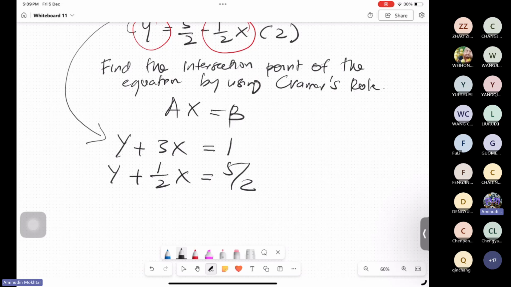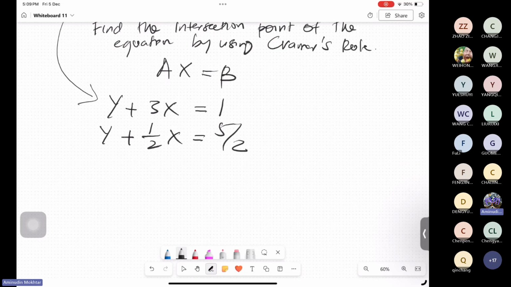I separate the variable and the intercept, the part of the equation without variable. We have two variables here, y and x. We wish to transform the equation like this before we can proceed to the matrix form of equation, that is AX equal B.